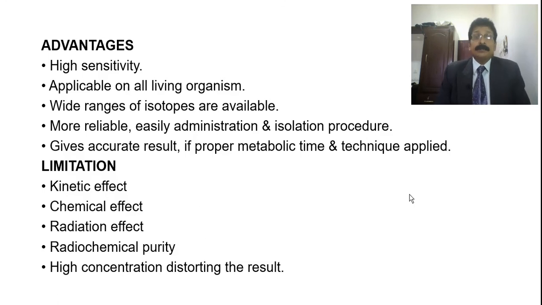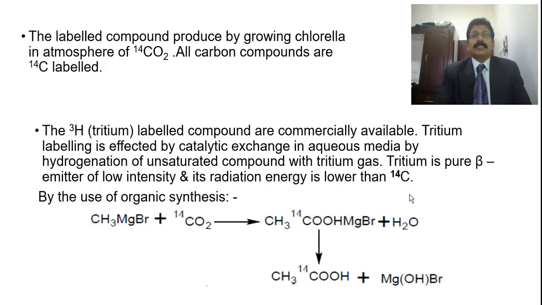Radiochemical purity means the purity of the radioactive constituent or labeled compound you are using, and its decay emission. Everything should be pure. High concentration may distort the result. So these are some of the limitations.